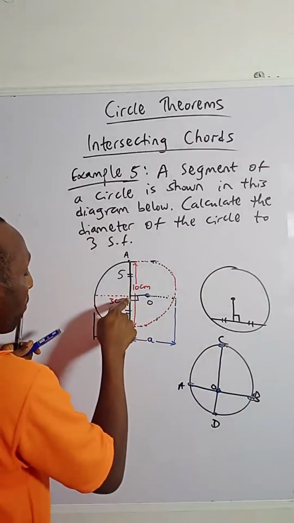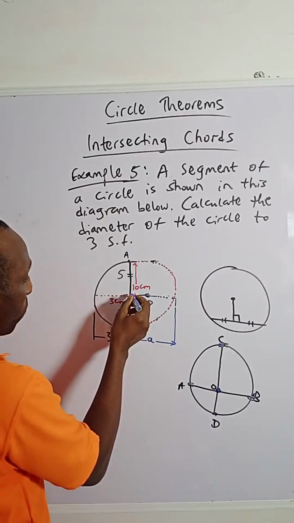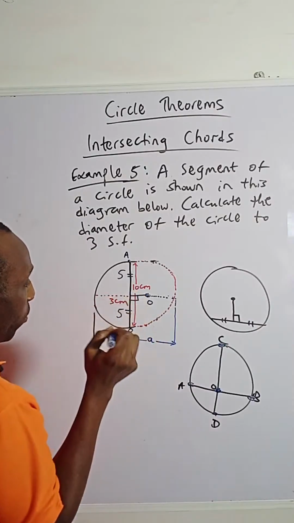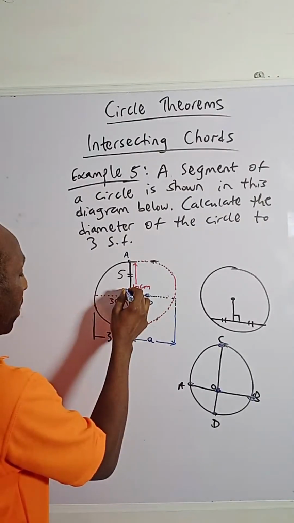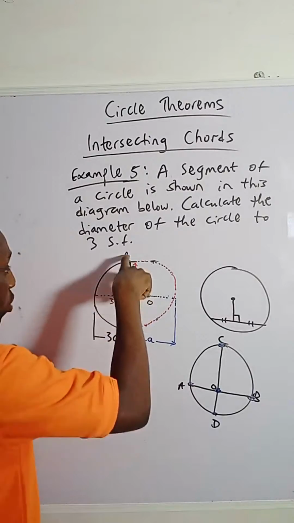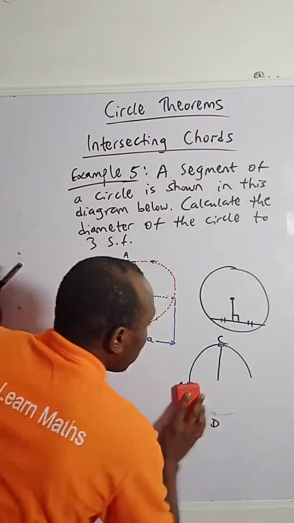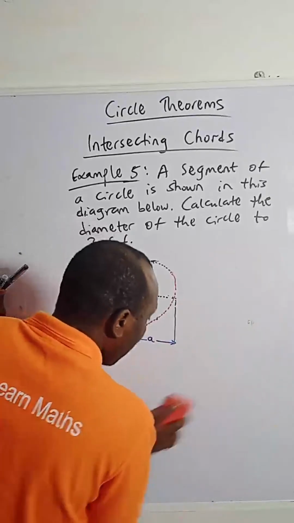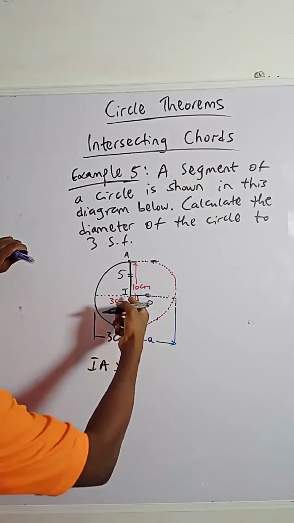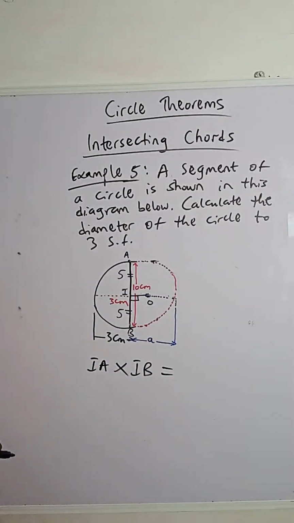So from this point where the 2 chords intersect, let's call the point where they intersect I. So from I to A, since we have all the sections now, I will say that IA times IB is equal to what?